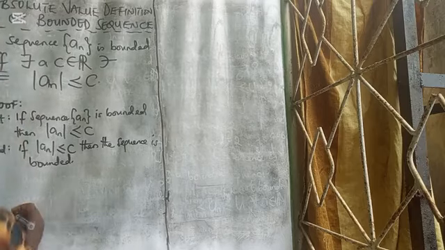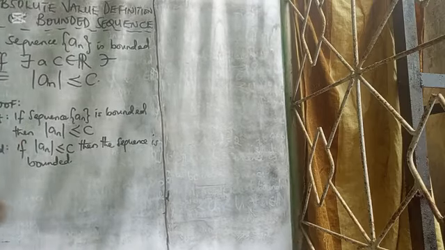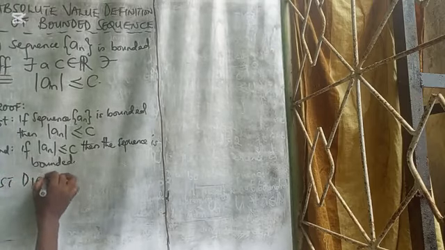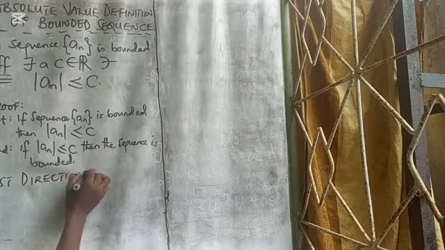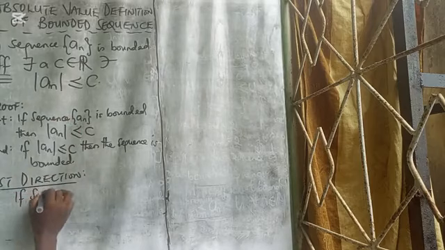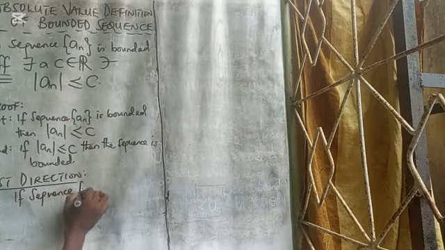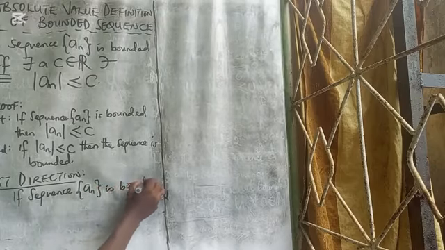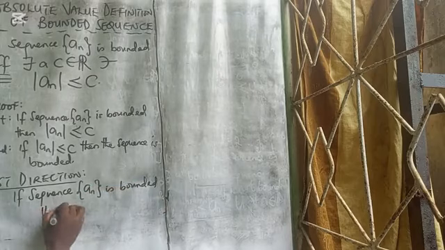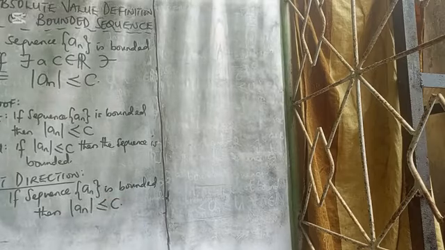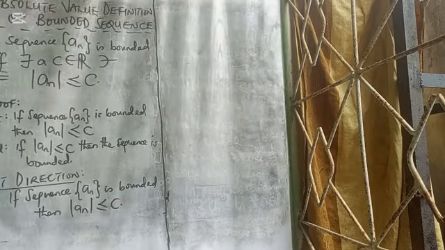We are going to look at the first direction of the proof. If sequence A sub n is bounded, then the absolute value of A sub n is less than or equal to C. How do we prove that?